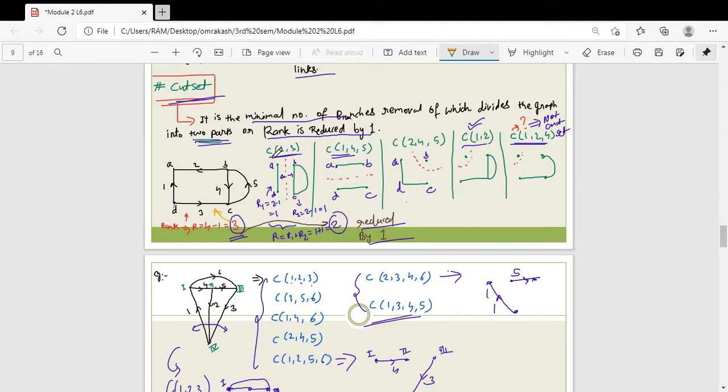So this whole graph is divided into two sections. One section is this and another section is this. Now observe here, what is the rank of this? There are two nodes, so the rank is 2 minus 1 equals 1. Similarly, the rank of this is 1, so 1 plus 1 is 2.